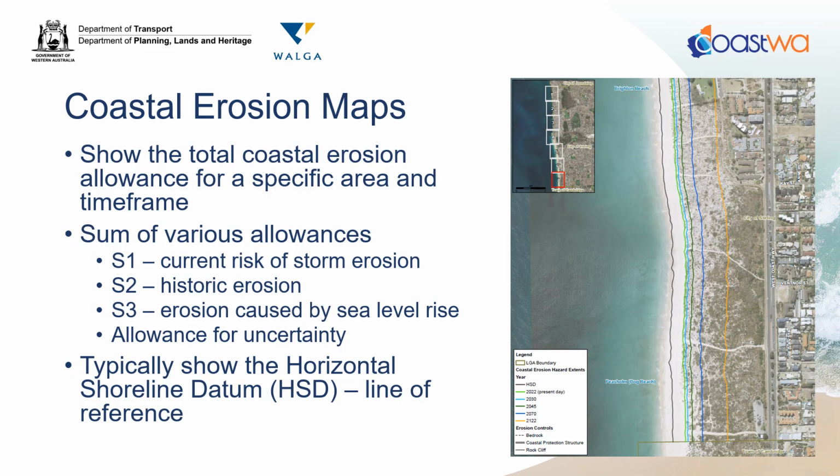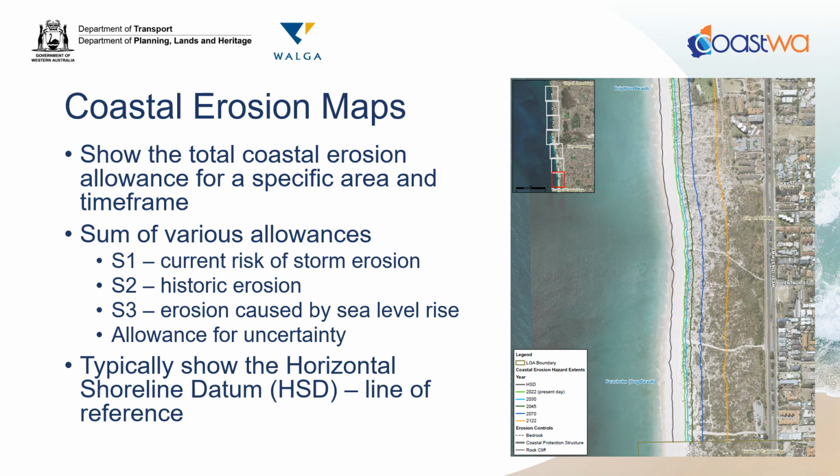The coastal erosion maps show the total coastal erosion allowances for a specific area and timeframes. So each of those lines presents the summed allowance of each of the individual factors, which we'll discuss shortly, but they include the S1 allowance for the risk of storm erosion, the S2 allowance for historic erosion trends, the S3 allowance for the future potential erosion caused by sea level rise, and then an additional allowance for uncertainty.